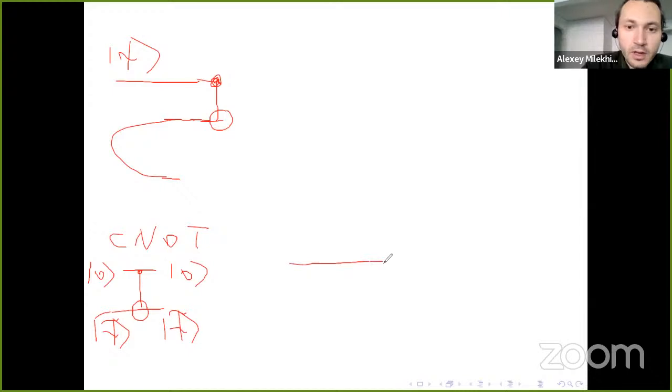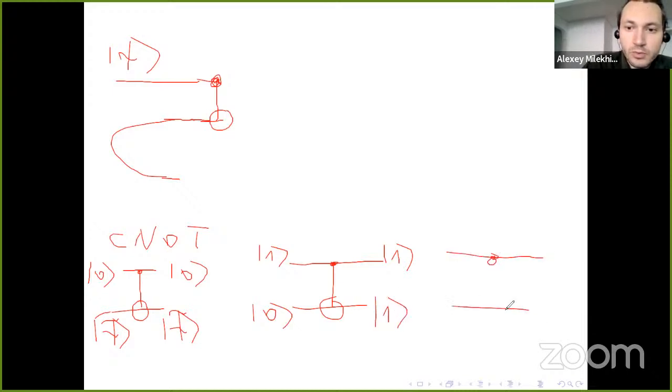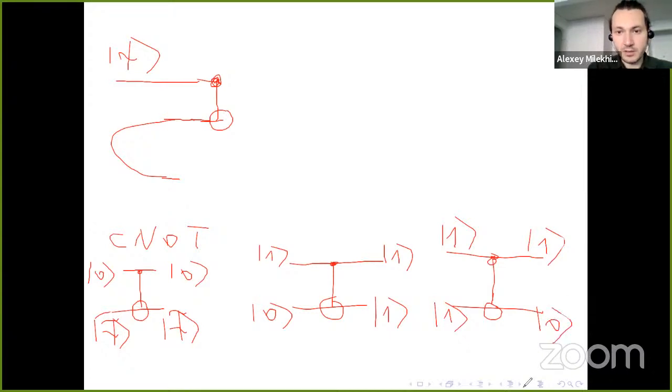If the control is in 1, then you do negation. I'll leave it as another exercise how to write it as a 4x4 matrix. So this is the definition of C0: if control is in 0, you don't do anything. Otherwise, you negate this other qubit.